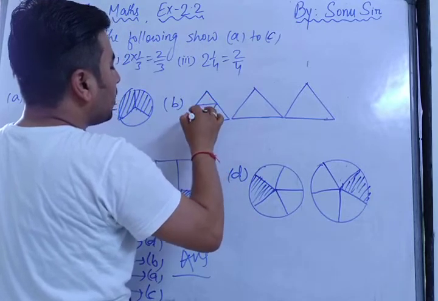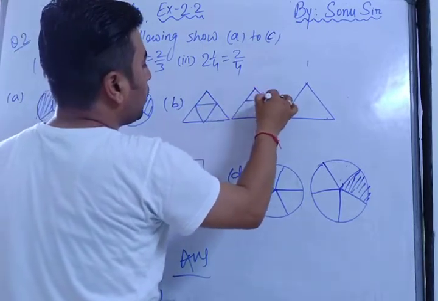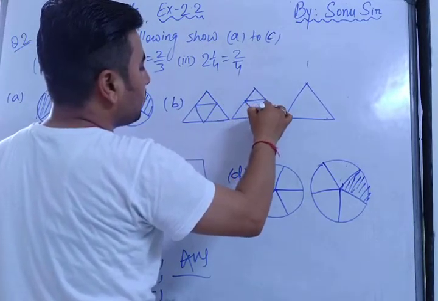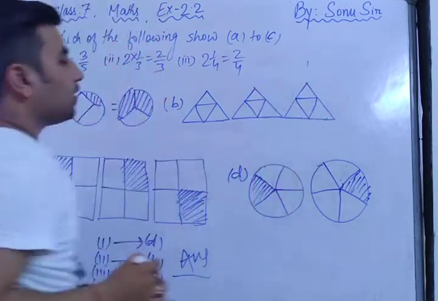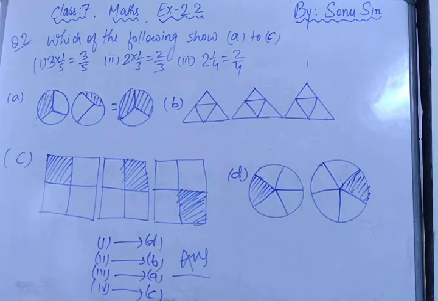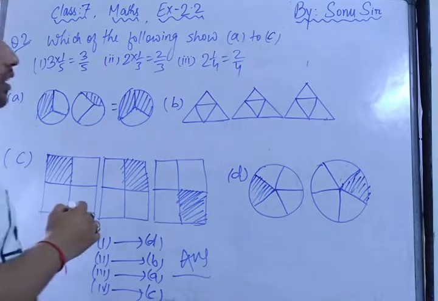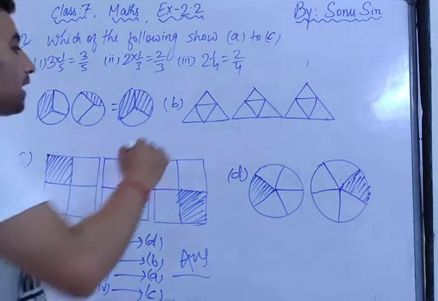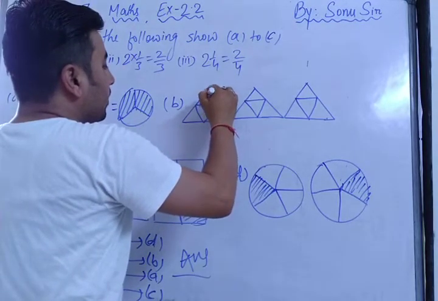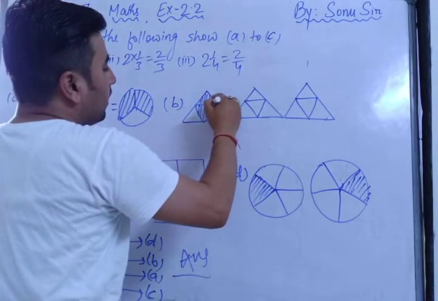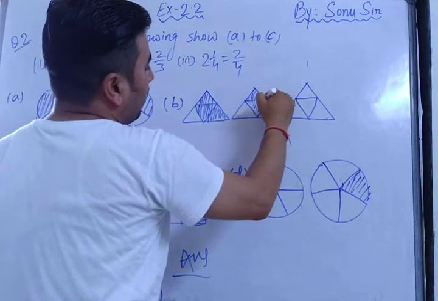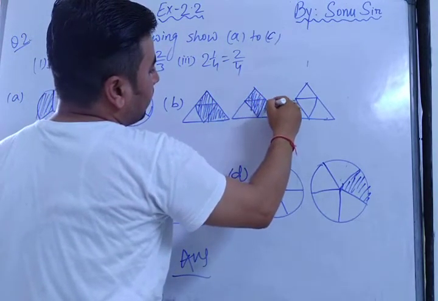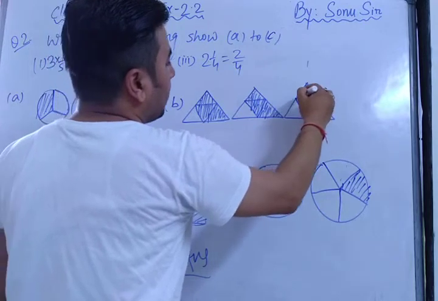You can see 1, 2, 3, 4, 1, 2, 3, 4, 1, 2, 3, 4. In these, 3 parts are colored and 1 part is left. So the first part is colored, the second part is colored, and the third part is colored. So 3 parts are colored in all these 3 triangles.